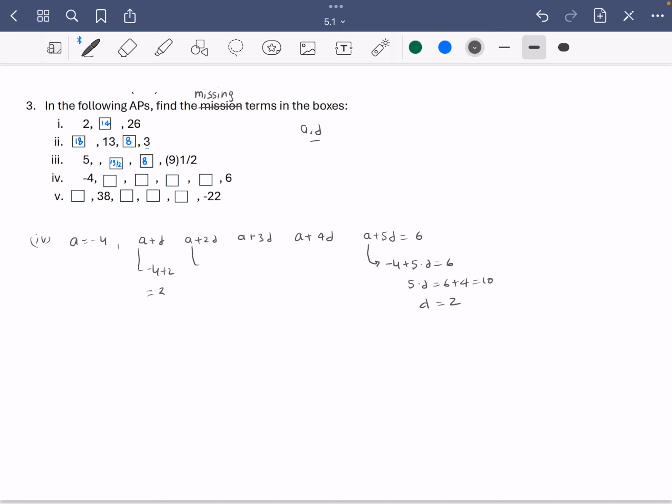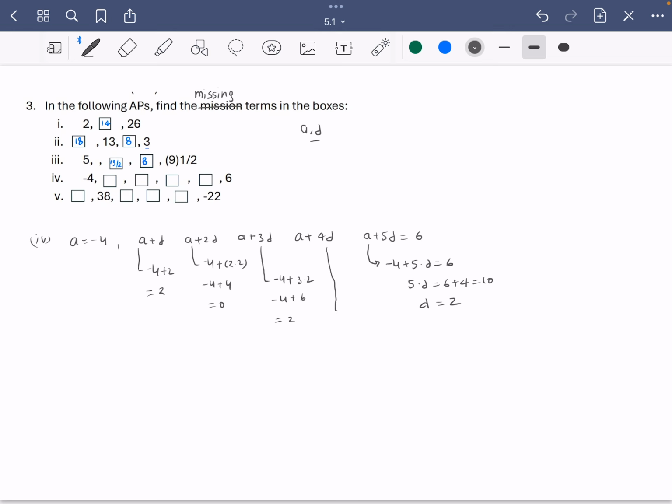This one should be negative 4 plus 2 times d, d is 2, negative 4 plus 4 should be 0. This term should be negative 4 plus 3 times 2, which is negative 4 plus 6, should be 2.